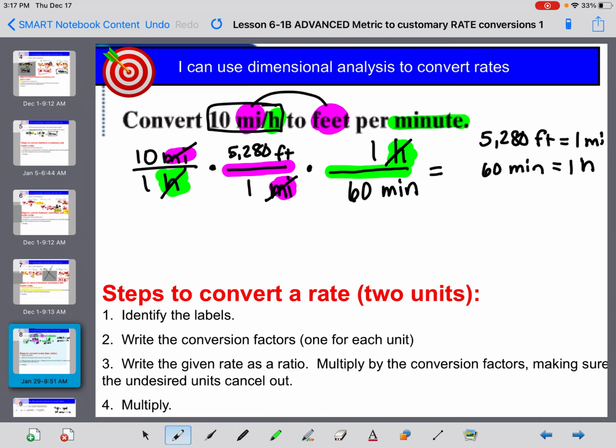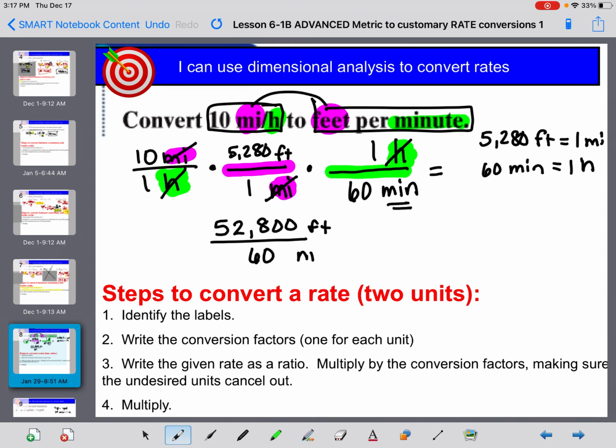All right, now we're left with feet here and minutes here, which is perfect because that's what we want, feet per minute. Then to calculate this, I simply multiply all of the numerators. 10 times 5,280 times 1 is 52,800 feet. All over 1 times 1 times 60 in the denominator. And then the label is minutes.